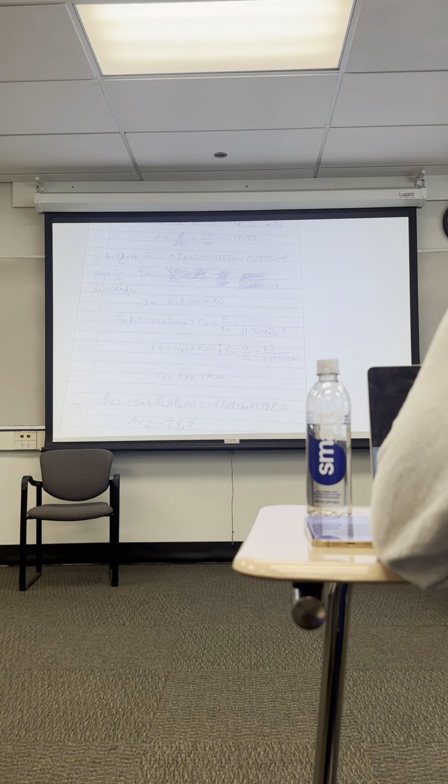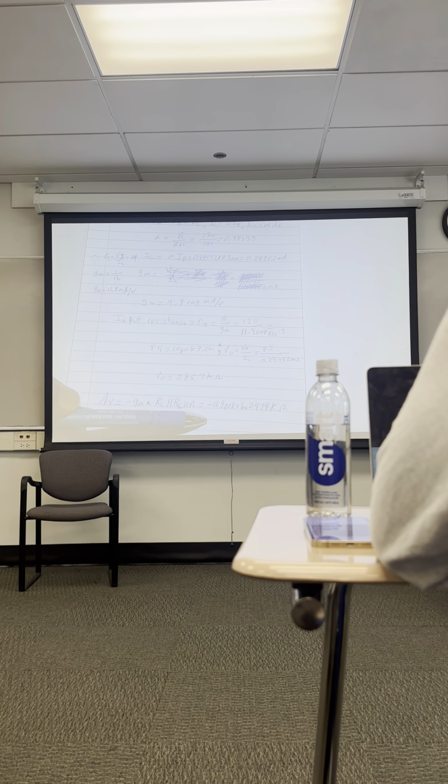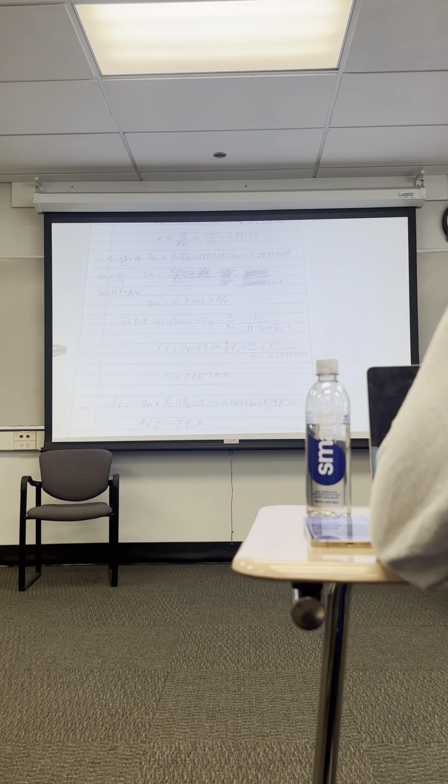If you go through your own math, you'll get a more accurate number. Notice this equation doesn't use milliamps per volt here, so you have to remember this is milliamps per volt, and they cancel out the kilo. So the gain of the circuit is predicted to be about minus 74.3.